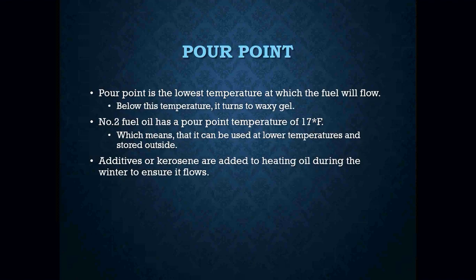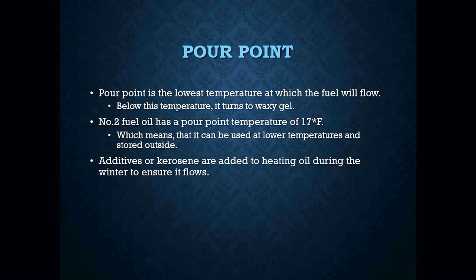The pour point is the lowest temperature at which fuel will flow. Below this temperature, it turns to a waxy gel. Number 2 fuel oil has a pour point temperature of about 17 degrees Fahrenheit, which means it can be used at lower temperatures and stored outside.